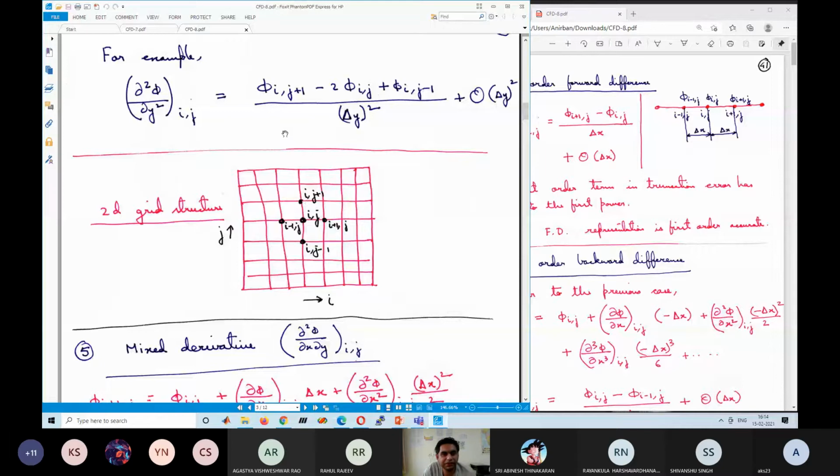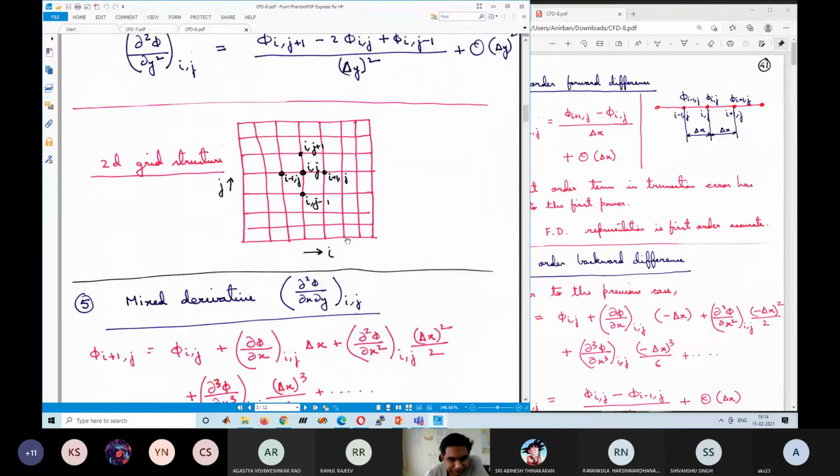All the derivatives can be represented using these 4 neighboring points, as you can see here. Previously, we have seen that these two are used for the j direction, the top and bottom ones. This is known as the east point, this is west, this is north, and this is south. East, west, north, south, these are used.